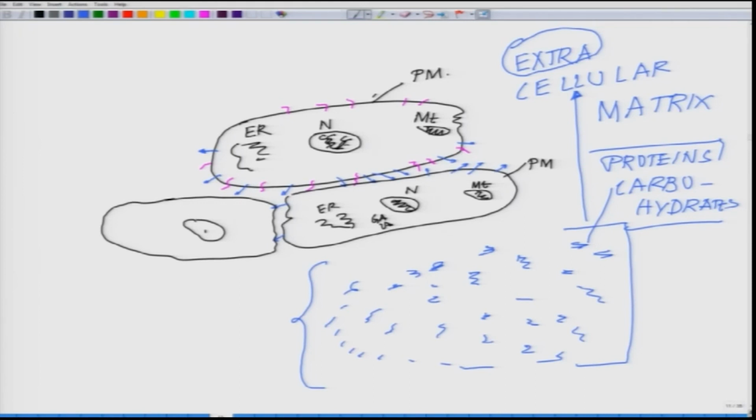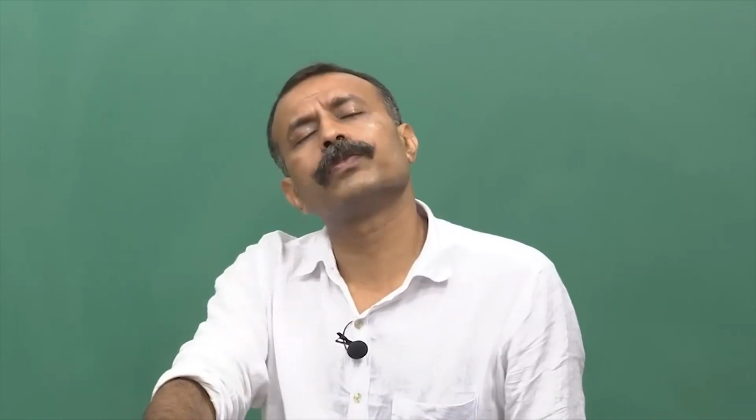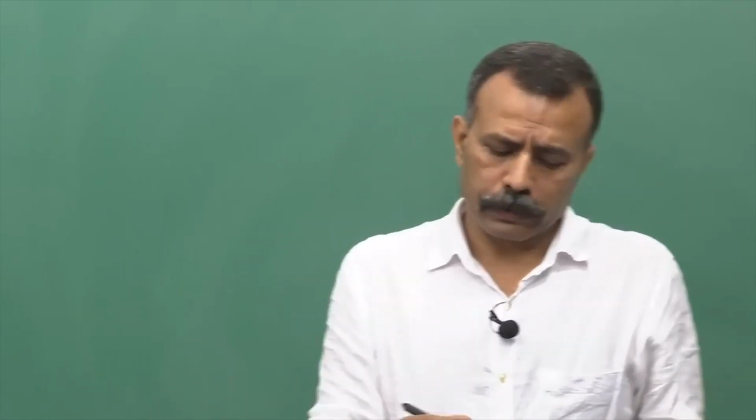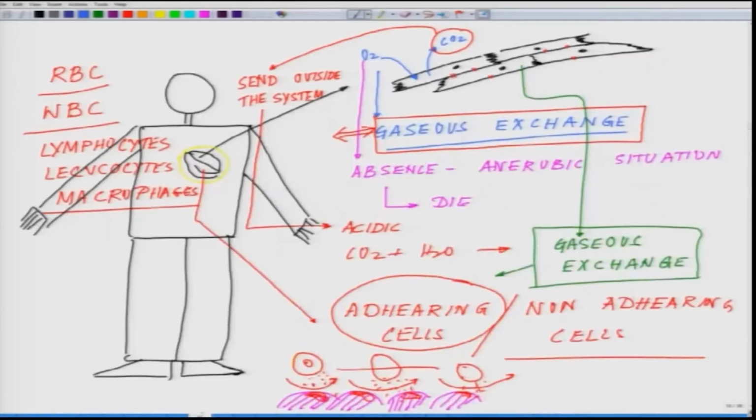So this extracellular matrix is, you can call it, the signature of the colony of cells. What do I mean by the colony of cells? Now let me come back to the previous diagram. So this, I name it as the heart colony.